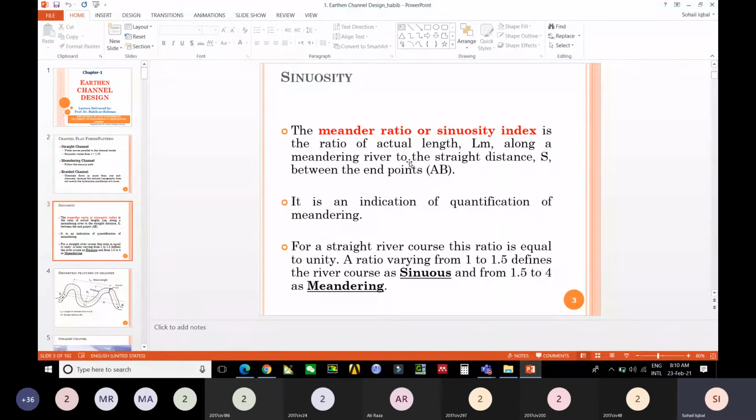So sinuosity is the ratio between the actual length along the meandering river to the straight distance between the endpoints, that is AB. Endpoints mean those points which you are observing or studying. It is the quantification of the meandering of a river course.